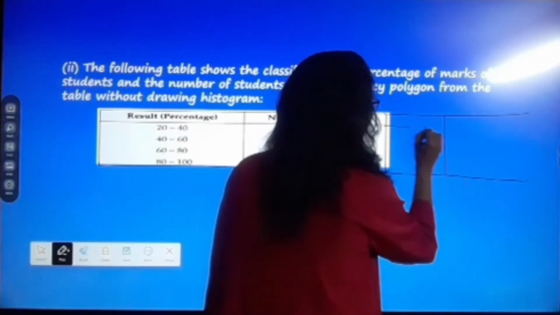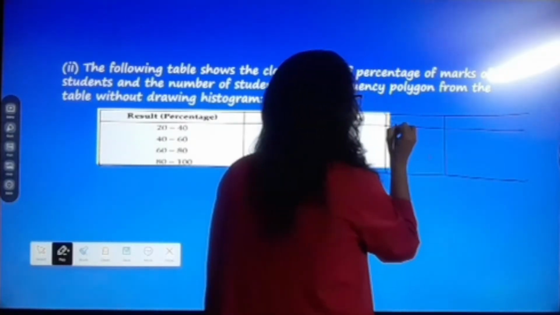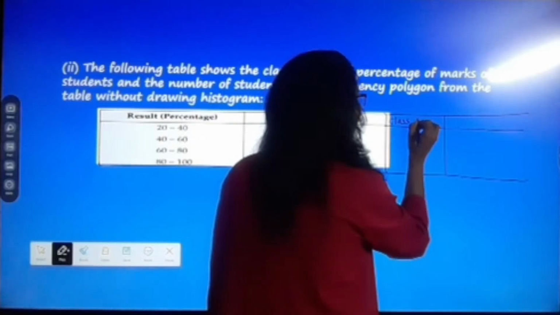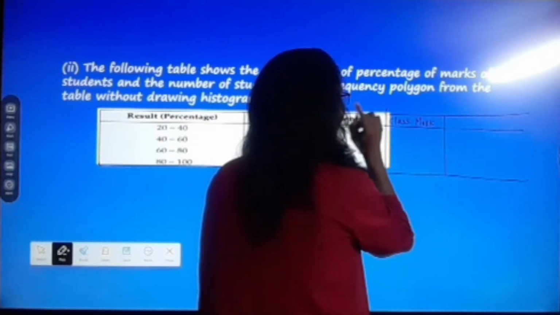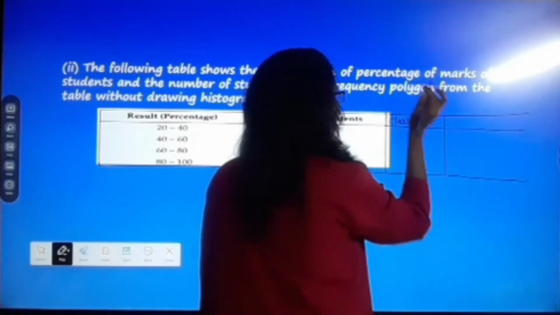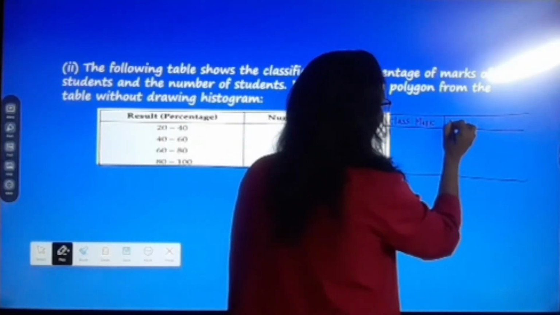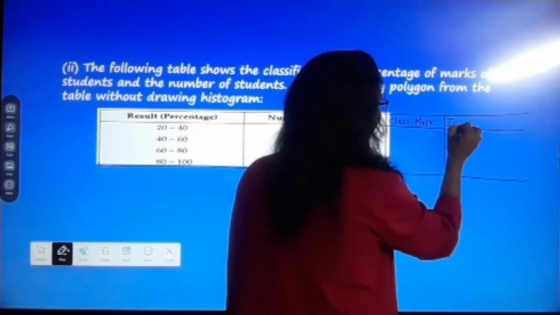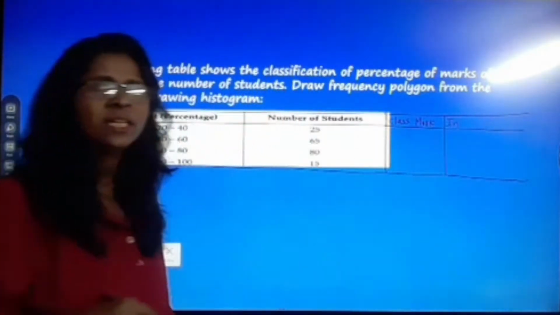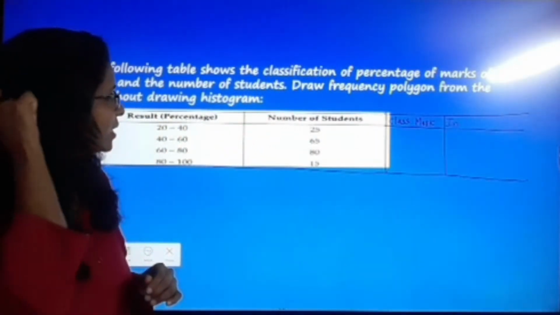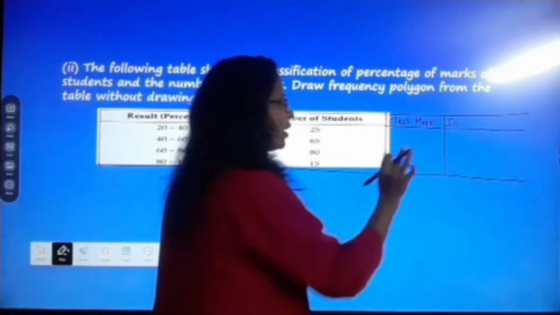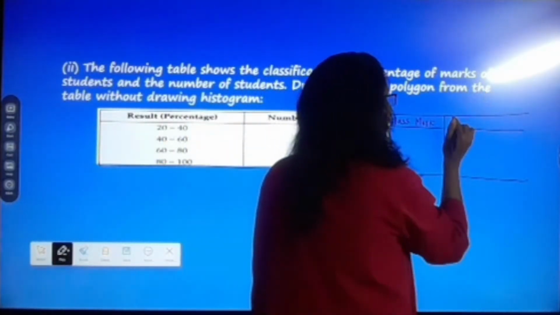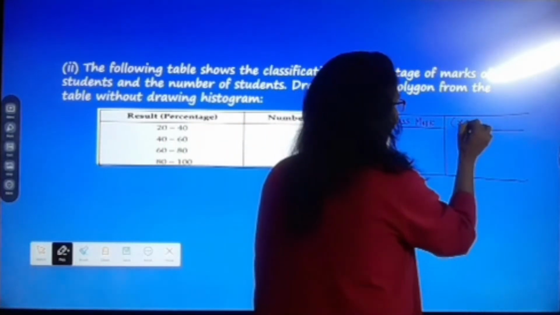I write down the class mark here, and next to the intervals I write down xi fi. Yes, that is the convenient way.